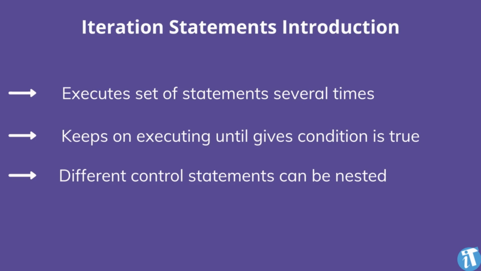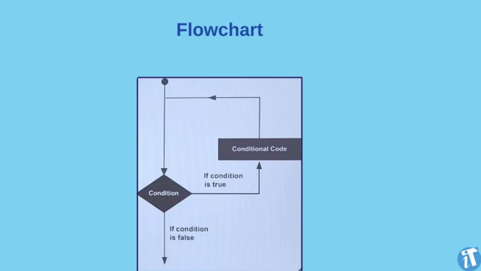Whenever you start writing these control statements, whether conditional statements or iteration statements, logically, as per your requirement, you can make them nested to any level. Here is the basic idea of how the iteration statements or loops get executed. This is the control flow. There must be a condition.